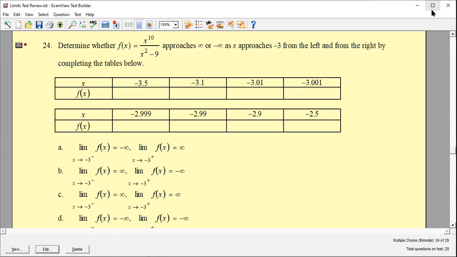84,878. 134,365. 1.02 e6. E6 means times 10 to the 6. Where is it going? Positive infinity. So from the left, look down, negative 3 from the left. We want to go to what you just said. So it's either B or C, right? Everybody see that?